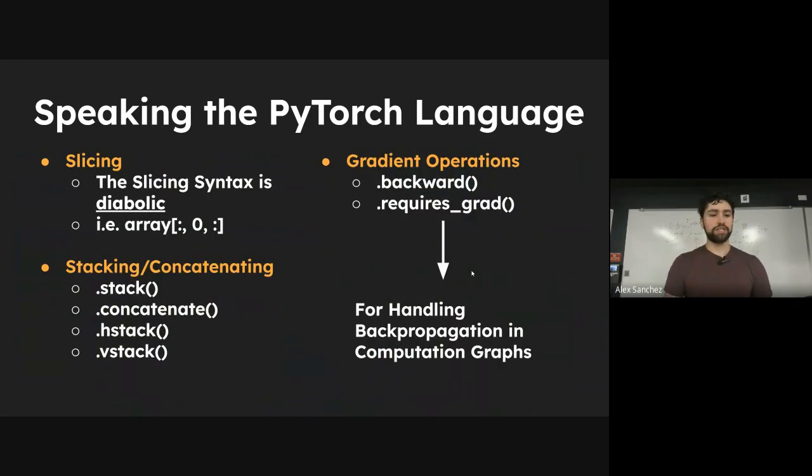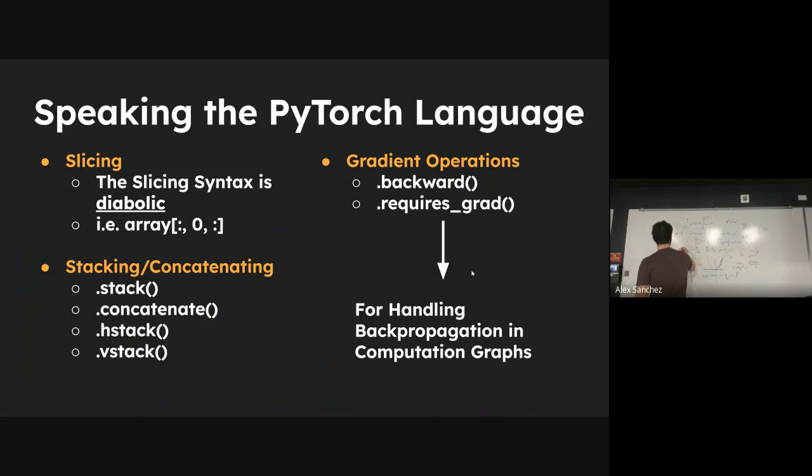And yeah, slicing syntax. Remember when we worked with the DistilBERT, we had to get the CLS token specifically. Where was that in the tensor that represented the text? We had the batch, we had the sequence, and then we had the dimensionality of the vector.